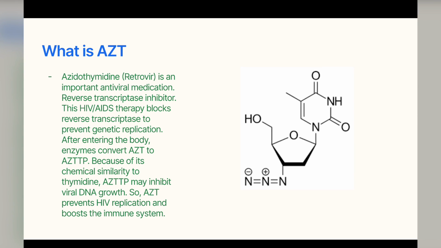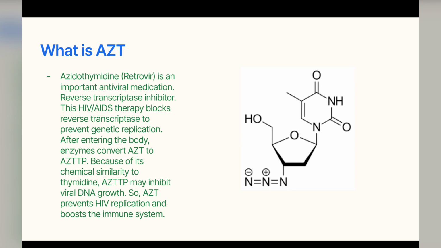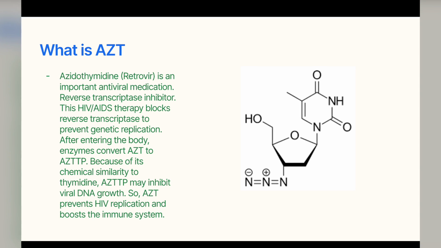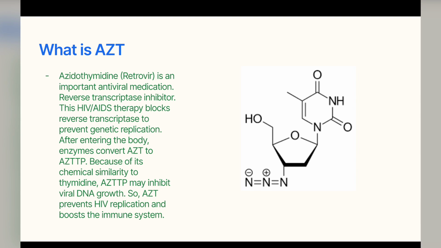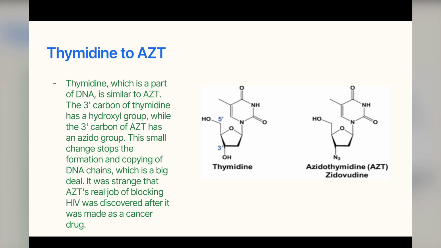Because of its striking resemblance to its naturally occurring DNA building block thymidine, the virus accidentally incorporates it into the genetic coding. However, the addition of AZT prevents the virus from replicating itself by preventing the DNA chain from growing any further.